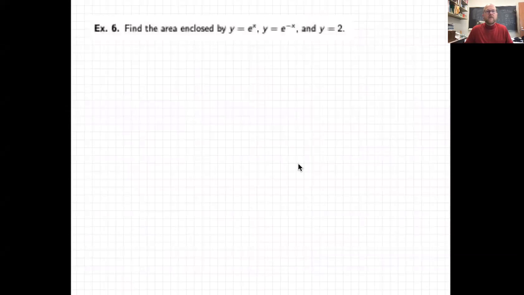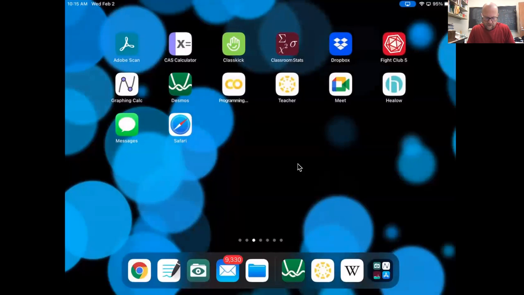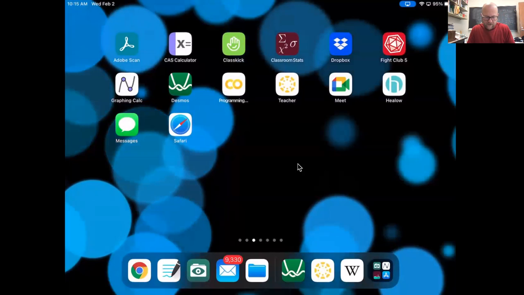All right, so this one we're looking at here asks us to find the area enclosed by e to the x, e to the minus x, and y equals 2. So I feel like there wasn't enough details written on that. Let's take a quick look at something where we can graph this.